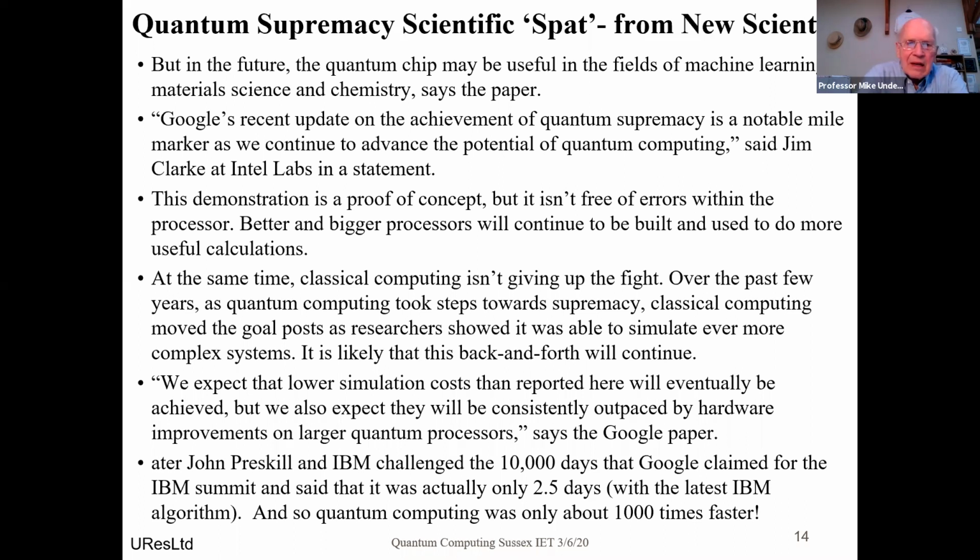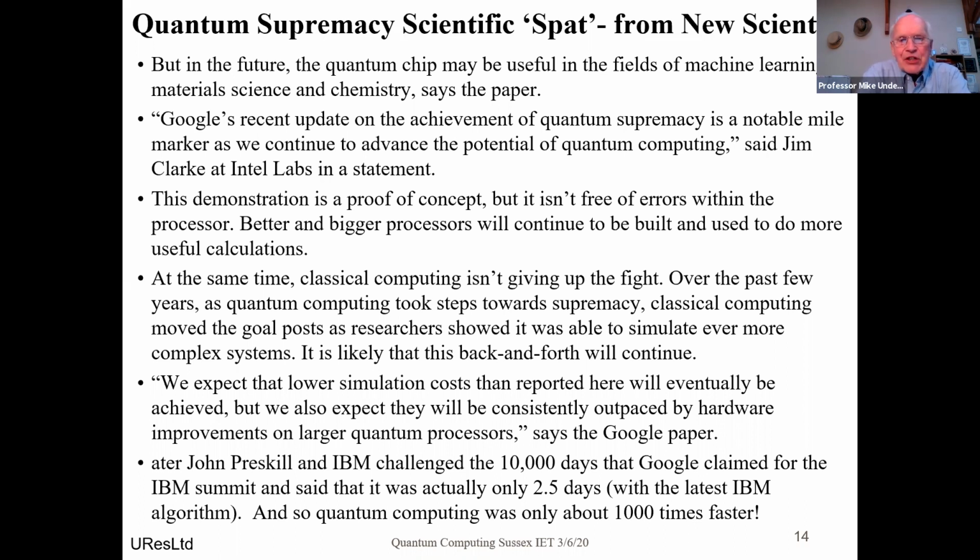And this is an important point, that the goalposts keep moving on both sides. So there is likely to be a back and forth between quantum computing and ordinary classical computing.